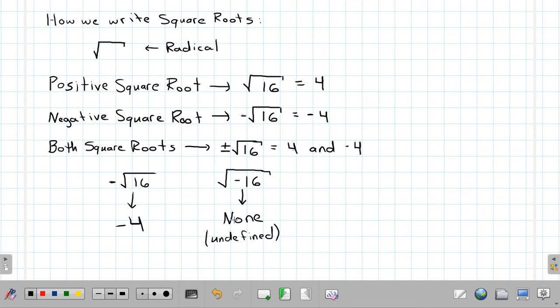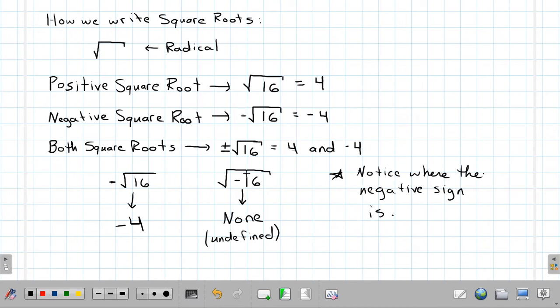So what I'm going to put over here is, notice where the negative sign is. If the negative is on the outside of the square root, that means it's the negative square root.